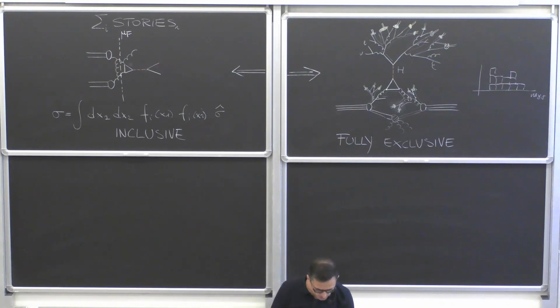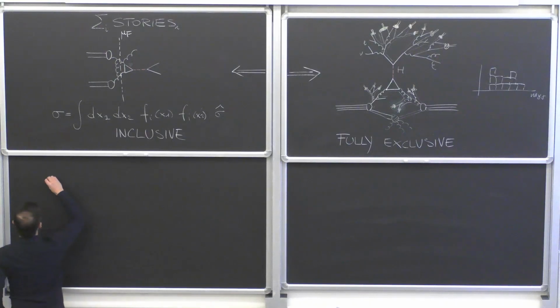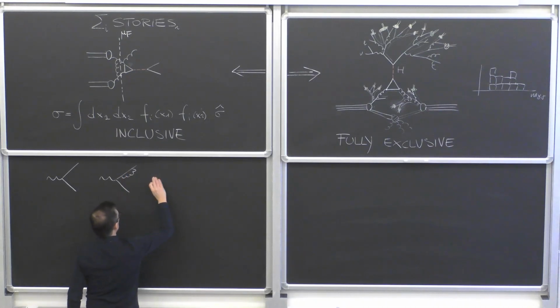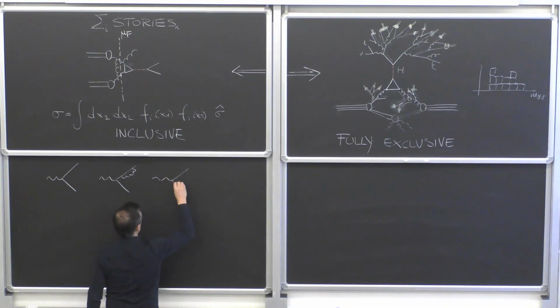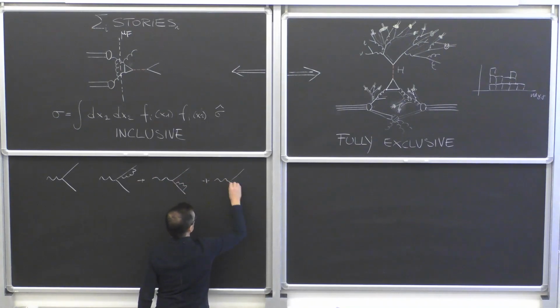So as a first important step, I will very briefly recall the elements of a next-to-leading order computation. And to do that, I'm using the simplest possible case, which is Z going to 2 quarks.